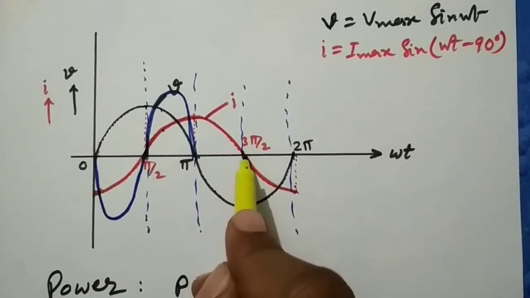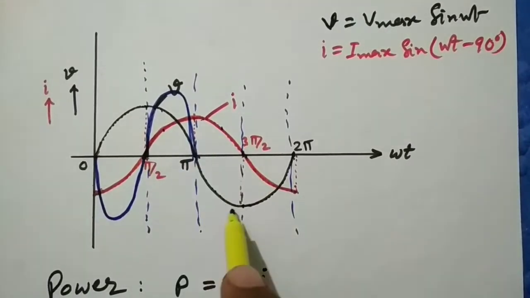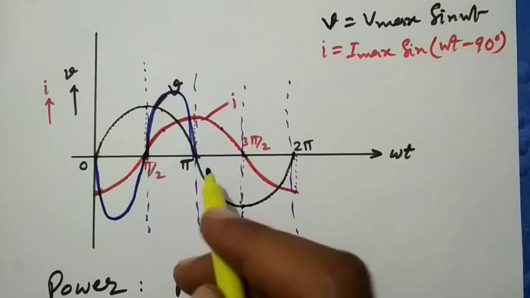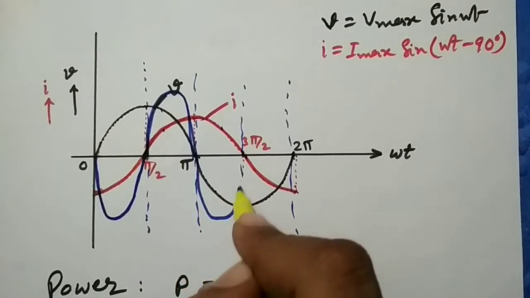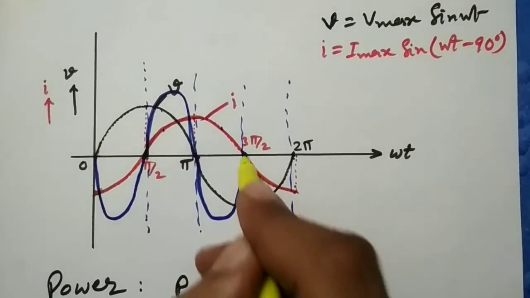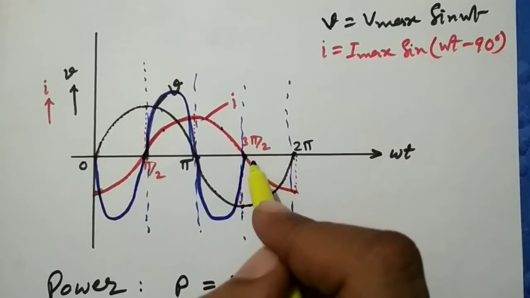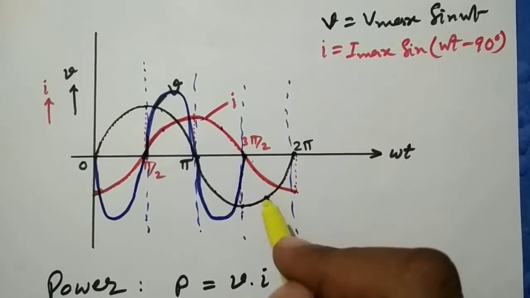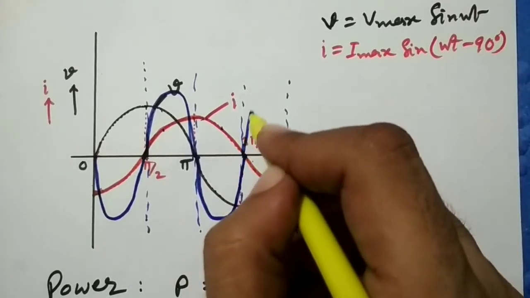From pi to 3 pi by 2, the current is positive but the voltage now becomes negative, so the power will be again negative. So this will be the power. And from 3 pi by 2 to 2 pi, both values are negative, that is, voltage and current are both on the negative side, so their product will be positive.